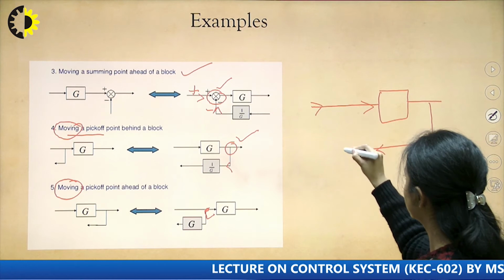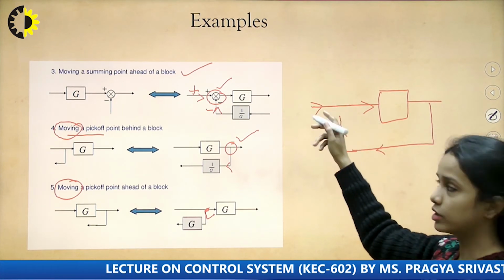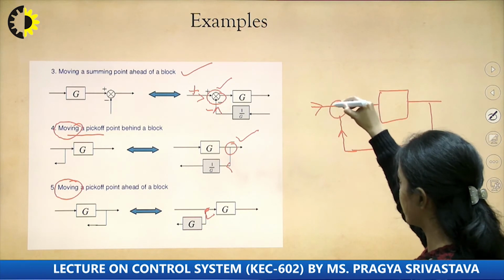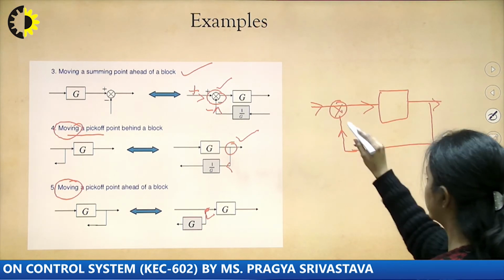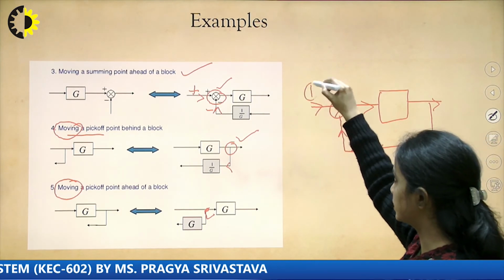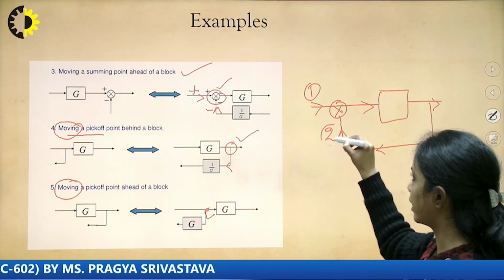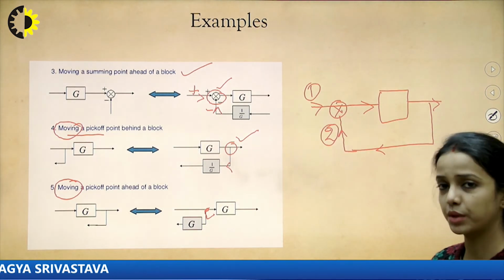Now, I need to add this vector to this node. So, of course, I need a summing point here. This is why we need a summing point: there was already one input, and I am trying to add another input.